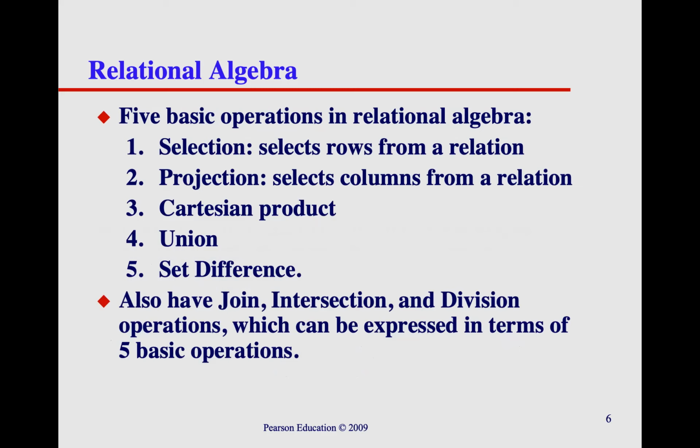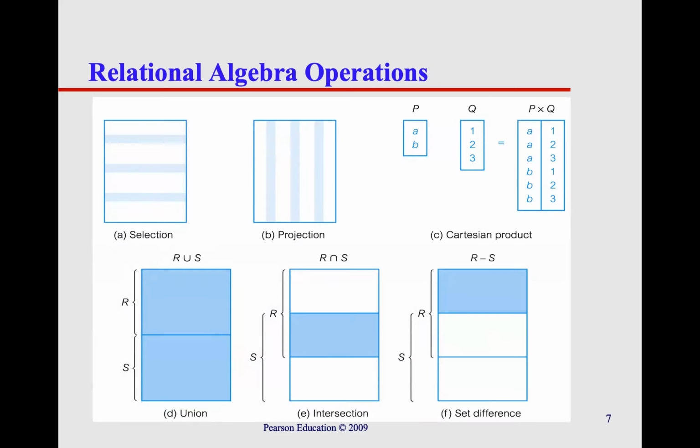Okay, so we have gone over selection and projection, and we've done union, set difference, intersection, and join. Cartesian product and division are the only two that I'm going to spend a little time talking about here. So Cartesian product is right here.